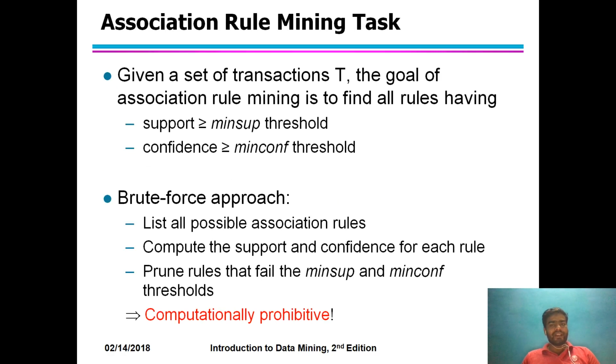Now the association rule mining task. Given a set of transactions T, the goal of association rule mining is to find all rules having support greater than or equal to minimum support, and confidence greater than or equal to the minimum confidence threshold. So what is this minimum support? Consider, for example, you have 10 transactions.